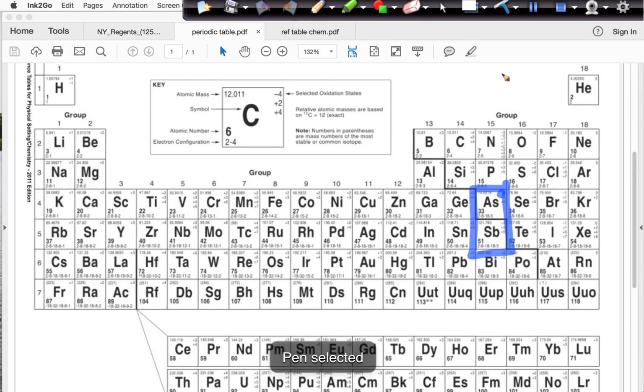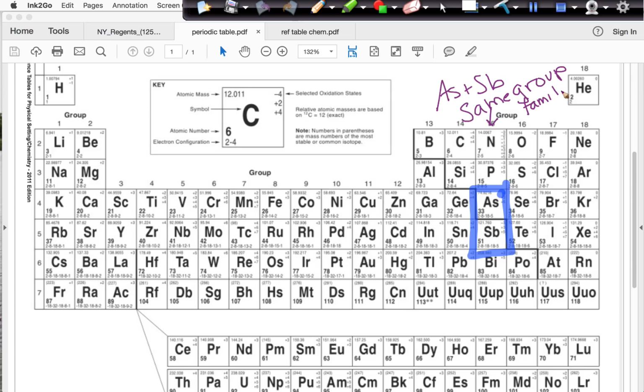And if you notice, As and Sb are in the same group. Elements in the same group, also called a family, have similar chemical properties.